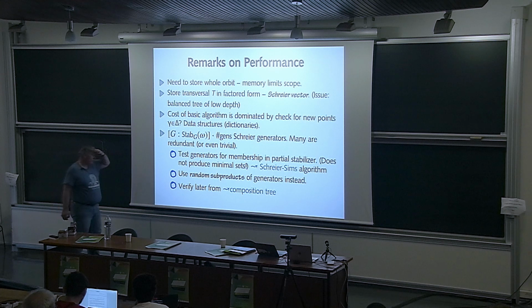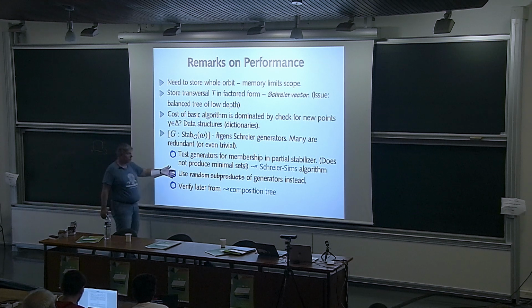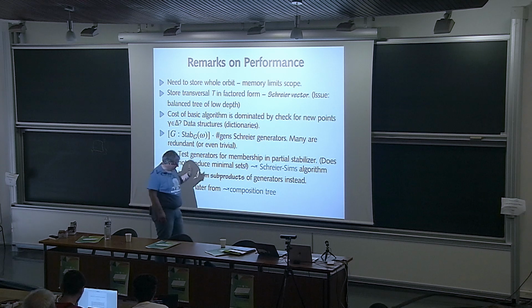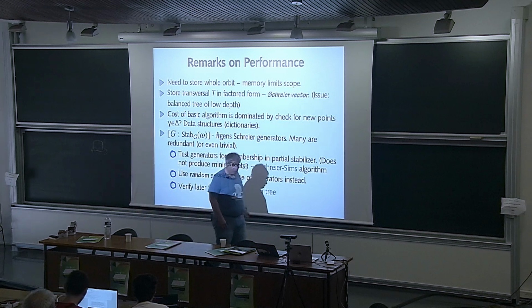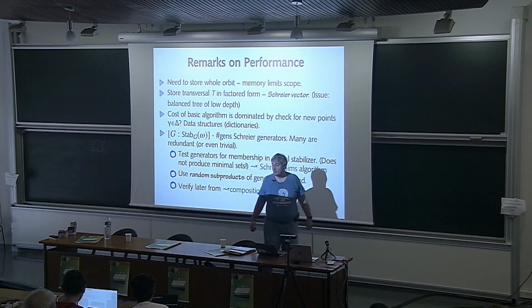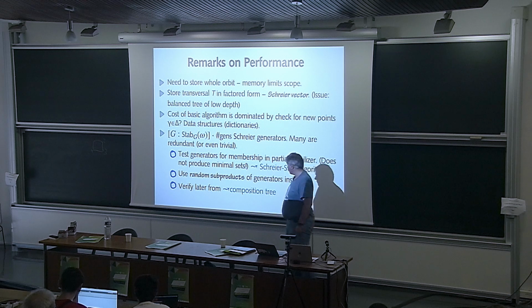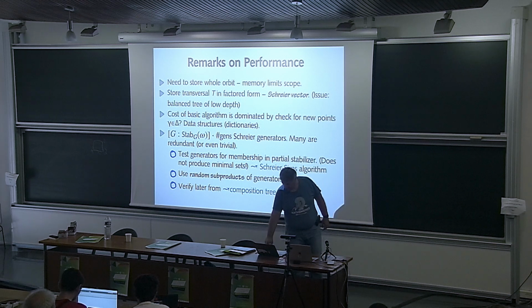The issue, if we don't take all, is of course that we don't necessarily have a proof that it generates the stabilizer. If we know the group order, that is fine, one can do so. Otherwise, one would need to verify later, and one can do this from what is basically a composition tree, which I will also talk about later.